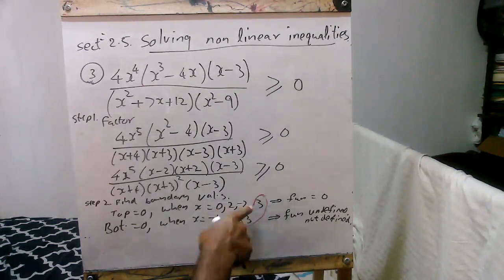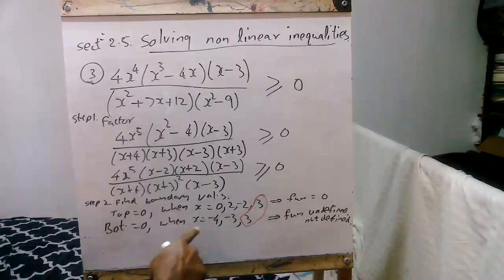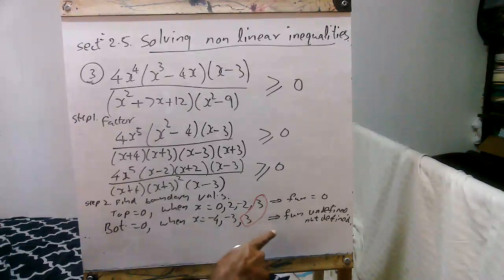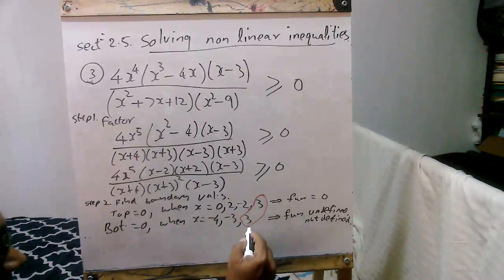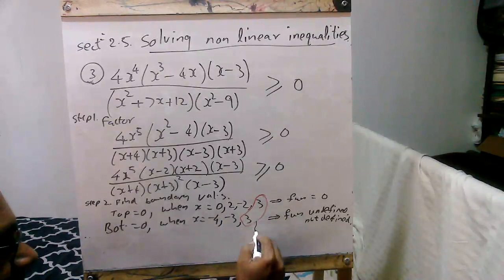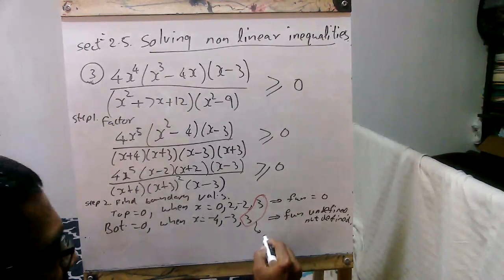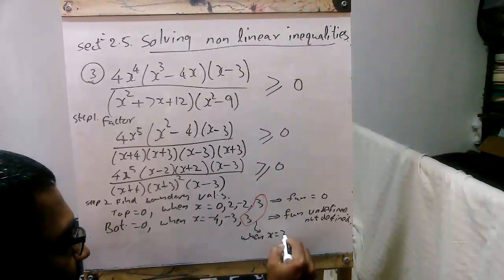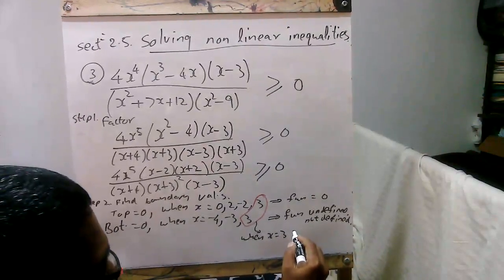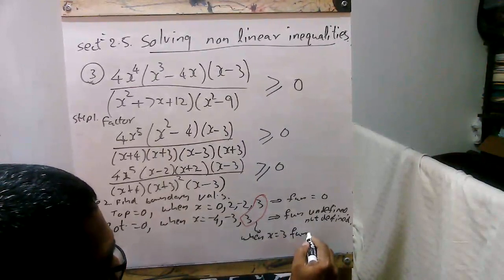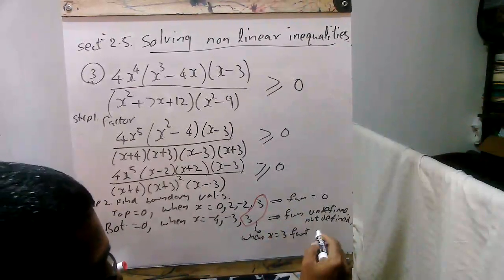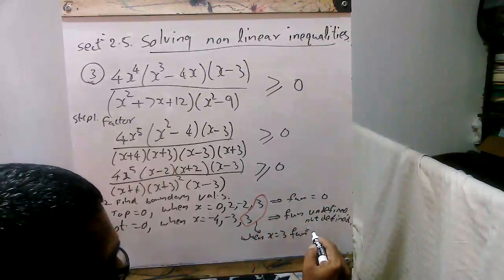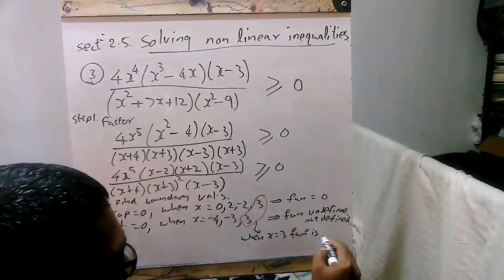When the same number appears on top and bottom, you give priority to the bottom. Which means when the function is undefined, it cannot be 0, right? Therefore when x equal to 3, the function is not 0, the function is not defined.